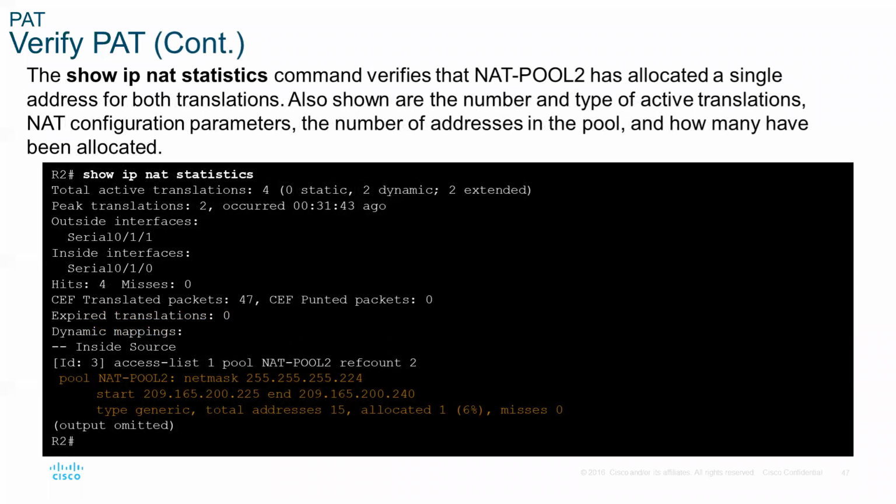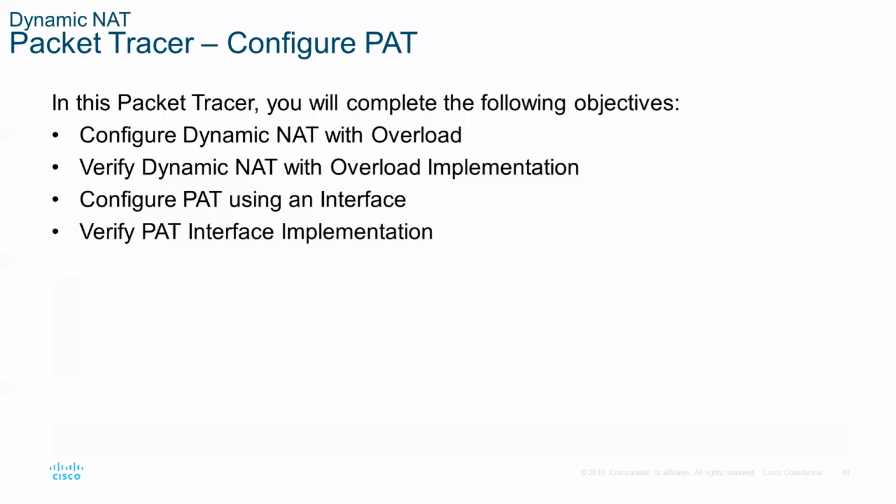And if you can't remember what a socket is, that is where we attach the port number to the IP address separated by the colon. And again, statistics will give us the same information as what it did before. And there's a Packet Tracer activity for us for PAT overloads.